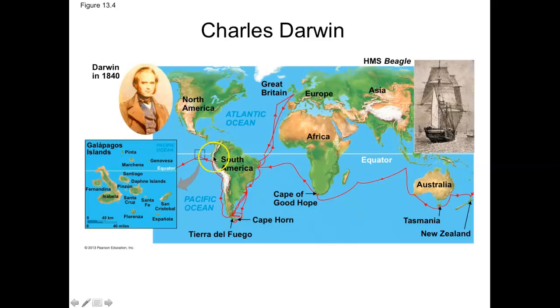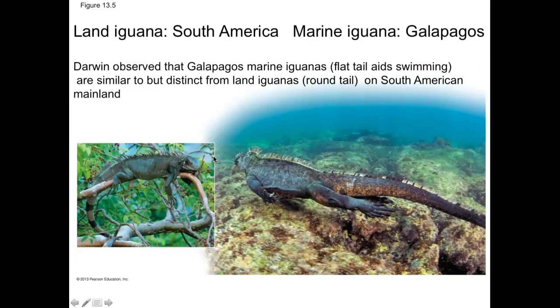So the island organisms and the marine. This is one example of that: marine iguanas and land iguanas. He saw the land iguanas, right? These iguanas live on land on the mainland of South America. But on the Galapagos Islands, he noticed a very similar creature, this marine iguana, but it lived in the water, or it fished and hunted in the water, and it evolved adaptations for being in the water.